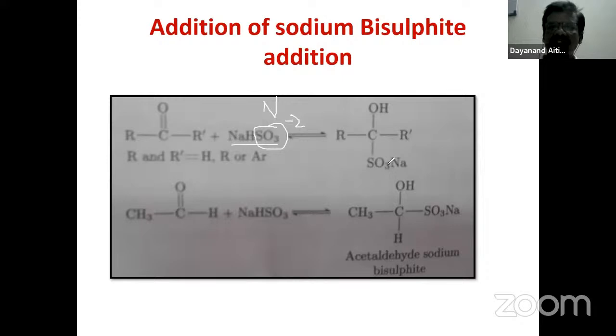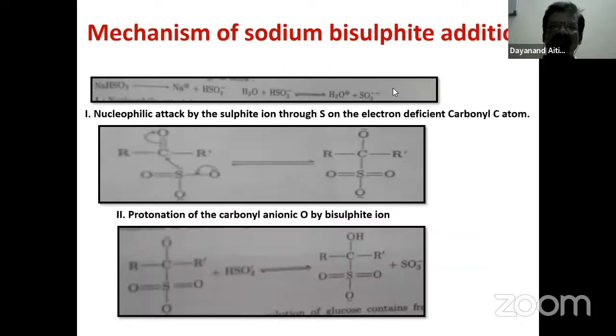Sulfite is first added, and OH is formed. After that, sodium is also added, forming an ionic salt here again. That is about sodium bisulfite addition.